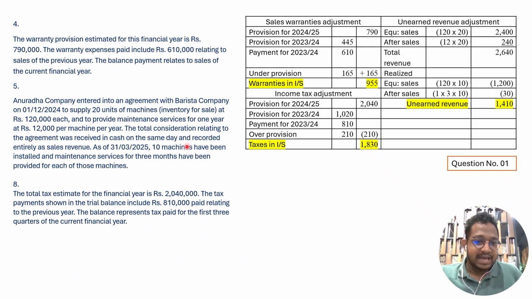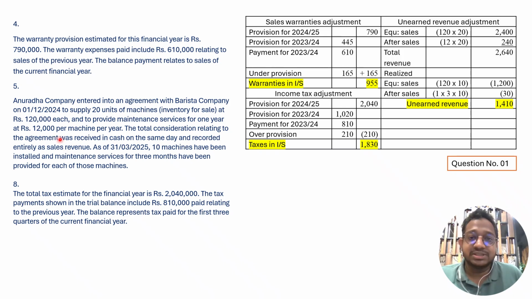Okay. And here, the fifth adjustment is given as per SLFRS 15, identifying the revenue. So here, Anuradha company entered into an agreement with Barrister company to sell 20 units of machines at 120,000 each, and to provide maintenance services for 1 year at 12,000 per machine per year.